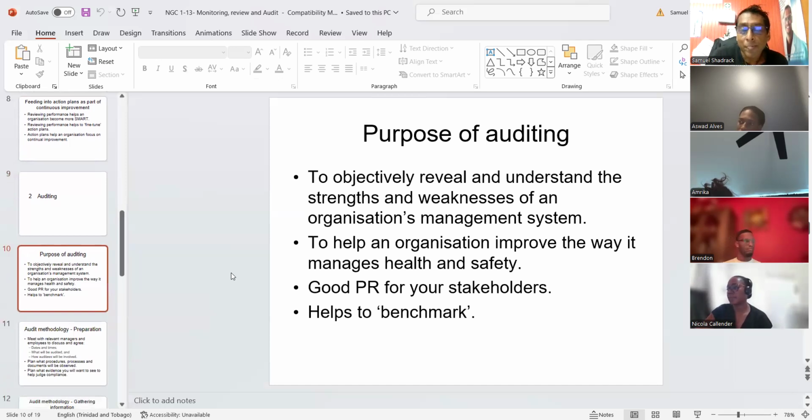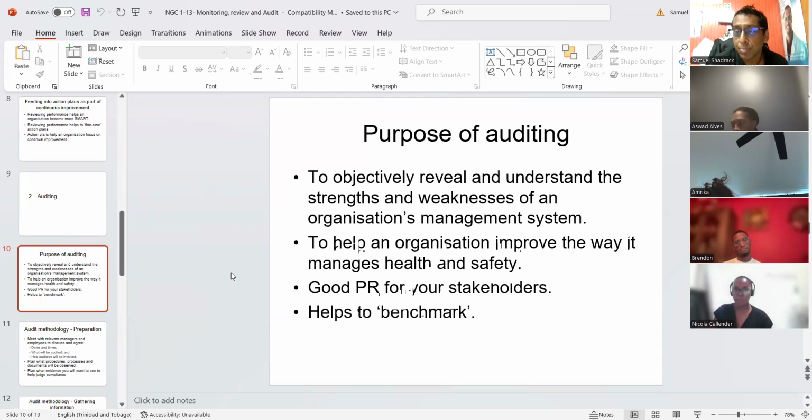So auditing, the purpose of auditing: to objectively reveal and understand the strengths and weaknesses of an organization's management system. It helps an organization improve the way it manages health and safety. It's good public relations when you pass. It helps you to benchmark against international standards, right?